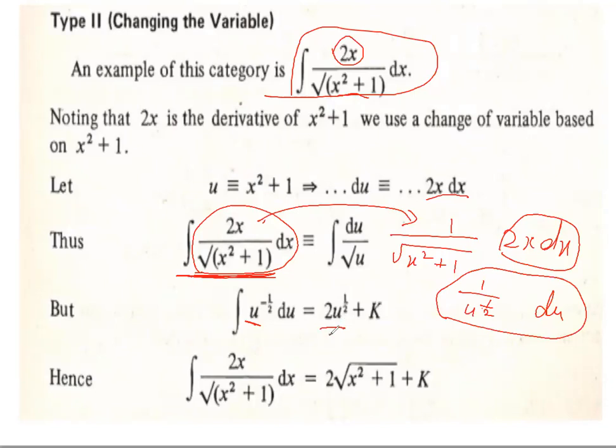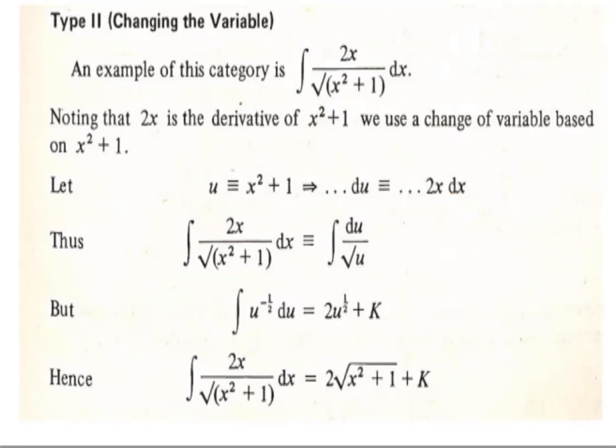And then you write it back in terms of x. I guess the writer jumped a little step there. You follow it? Yes, sir. Good. So that's change of variable.